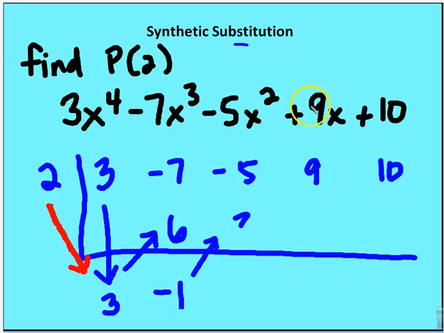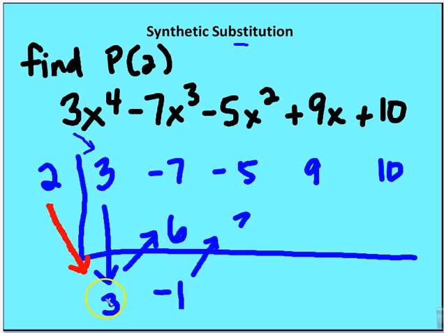We're going to take the coefficients for each of these and move them to a placement here in order. We're going to draw our backwards L to create the synthetic division. We're going to use the substitution value here as 2. And then we're going to go through the process of finding whether or not 2 is a 0 using synthetic substitution. So the first thing you're going to do is drop the 3 down below the line.